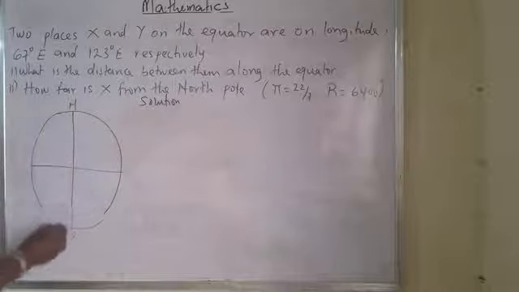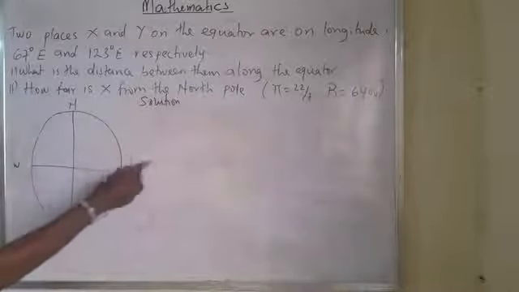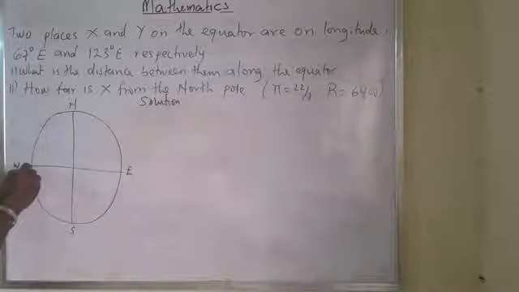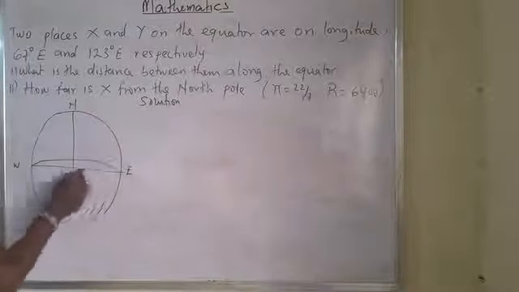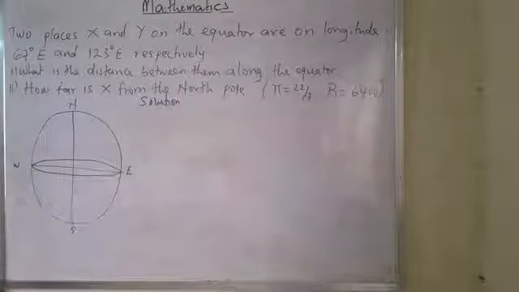North, south, west, and east. The first thing you need to do is that we are talking about the equator. This will be our equator. Don't forget the equator, which is 0 degrees.